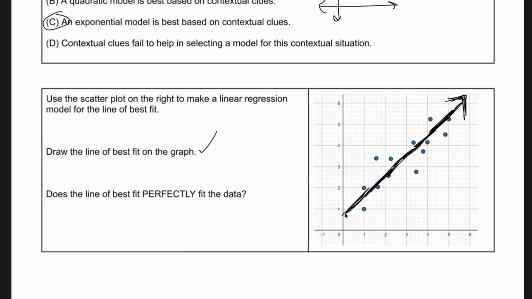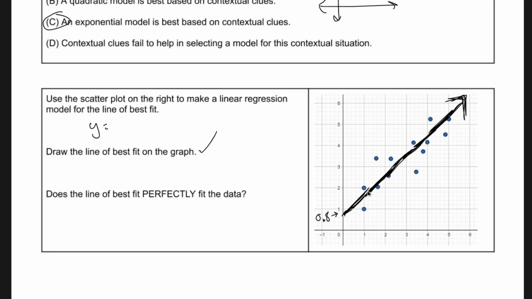Looking at this line of best fit, I am going to somewhat try to make an equation for it. So y equals, right? It looks like maybe my y-intercept is like 0.8-ish, so I'll go with that. And my slope appears to be kind of close to 1, but a little bit more shallow than 1.